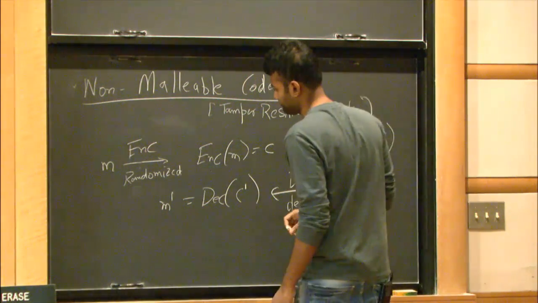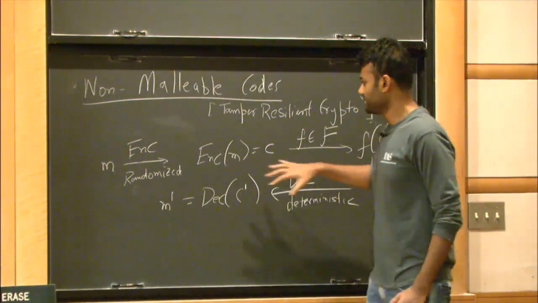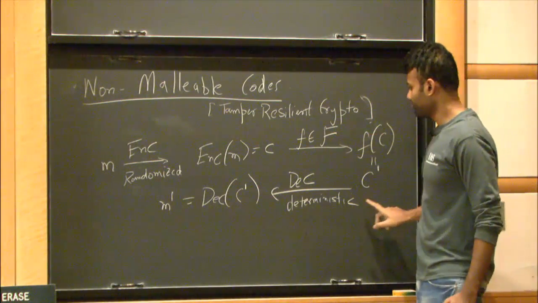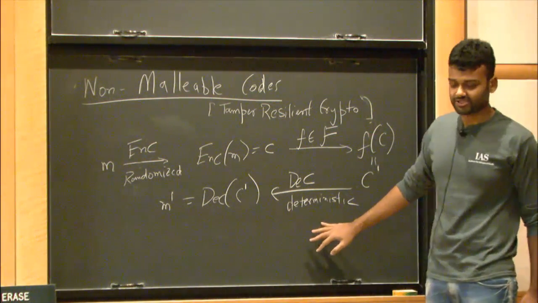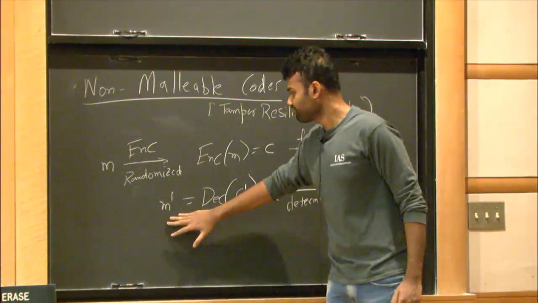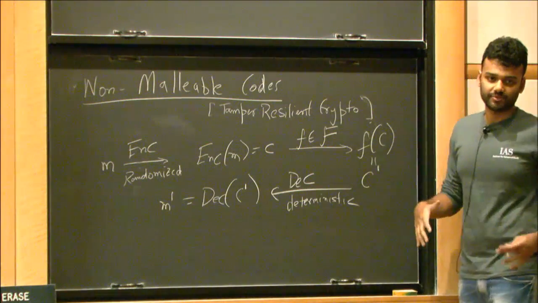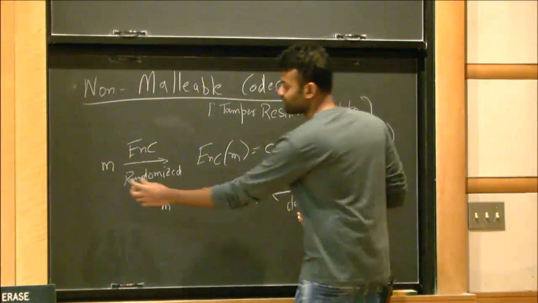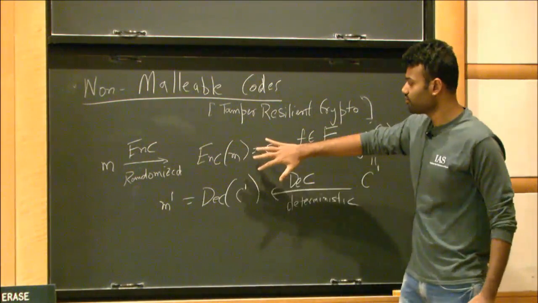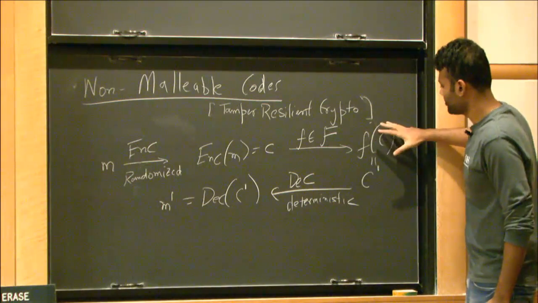So this is the entire process of the encoder working, and there's some tampering going on. Then you decode it back. This is a deterministic function, and so you get M prime. So M prime is a distribution on the message space. We encoded M using a randomized encoder, so it's a distribution over the code words, and f of c is also a distribution on the code words.